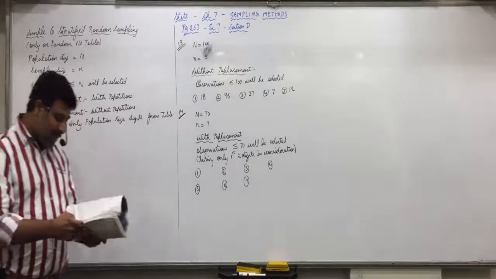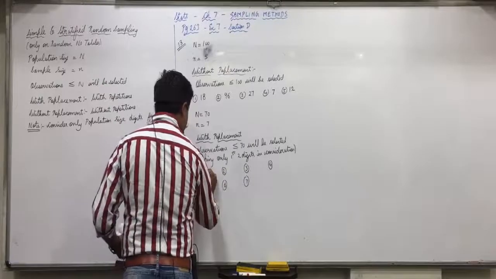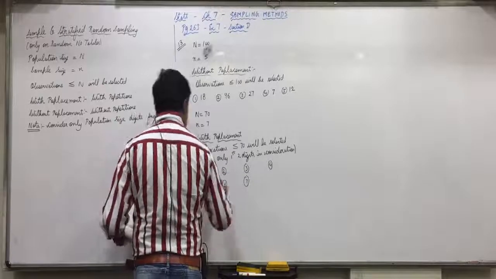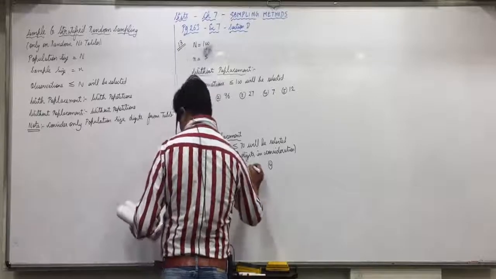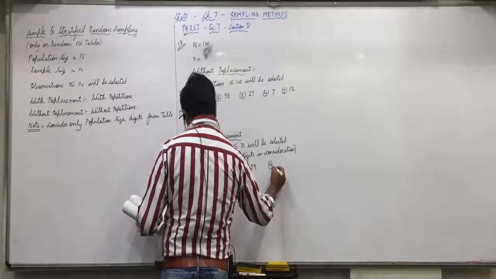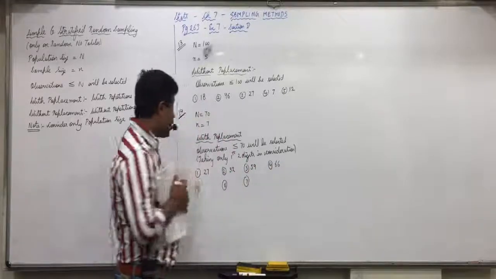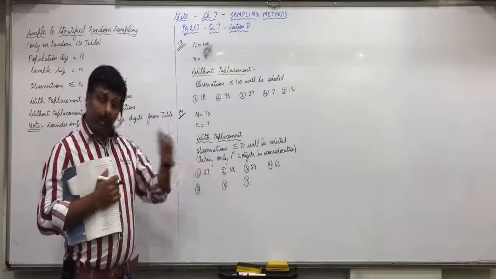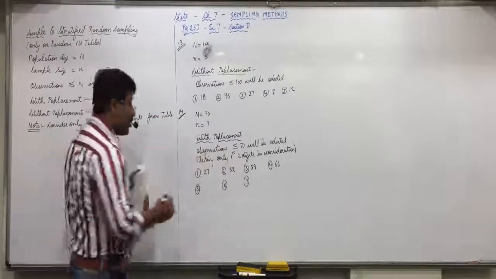So 274 means 27 will be selected? Yes, it is less than 70. 32? Yes. 92? No, it is more than 70. 59? Yes. 66? Yes. 32? But it has already come. True, it is with replacement, so 32 can come again.